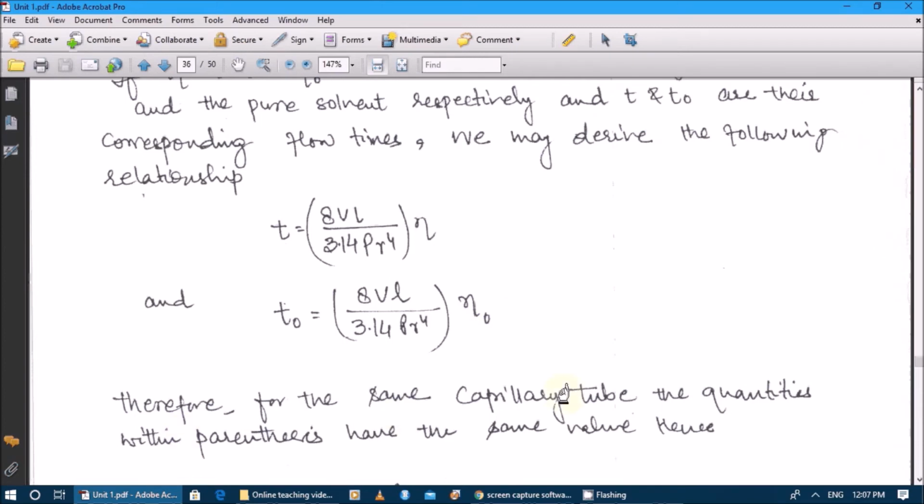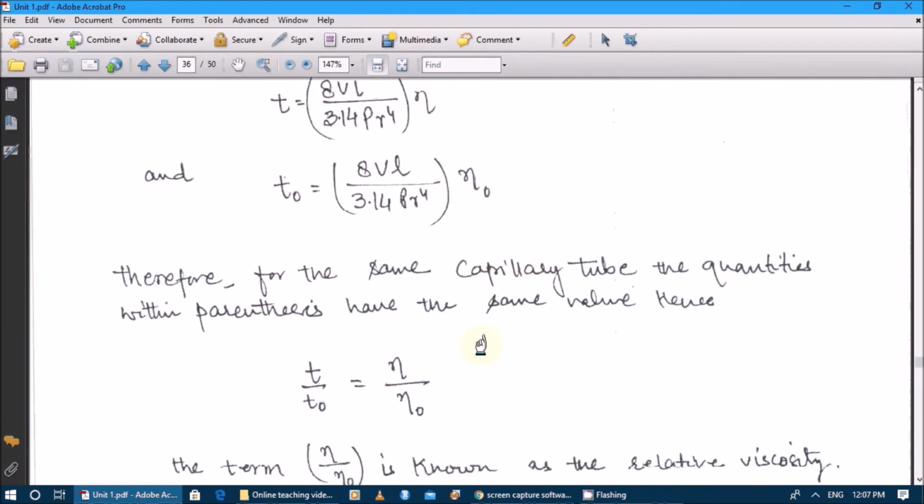Therefore, for the same capillary tube, the quantities within the parenthesis have the same value. Hence, they will be cancelled.